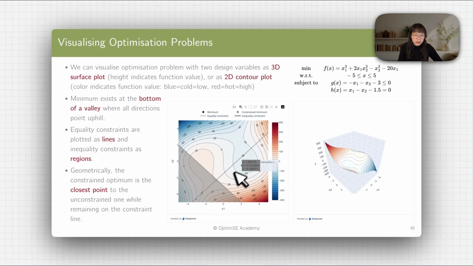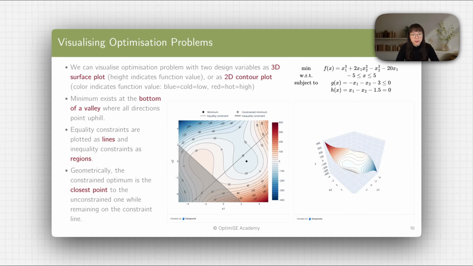Then naturally this constrained optimum cannot be a point over here, or it cannot be a point over here. It must be a point that is closest to the unconstrained minimum, the black diamond symbol over there, instead of any other places on that constraint line. So that's why, geometrically speaking, the constrained optimum will be the closest point to the unconstrained one while remaining on the constraint line.